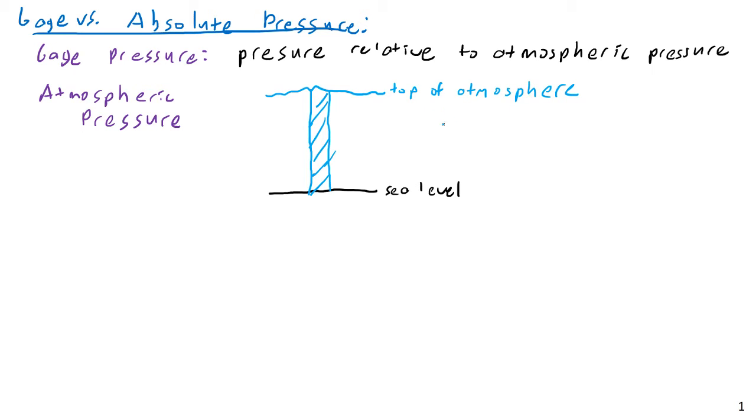As we go up, pressure decreases, but it won't be a linear decrease. It'll be more than a linear decrease, and that is because the atmosphere is a compressible gas. We're not talking like water, where we assume it to be incompressible. The atmosphere is compressible. It's made of air. So our rho, our density, changes.